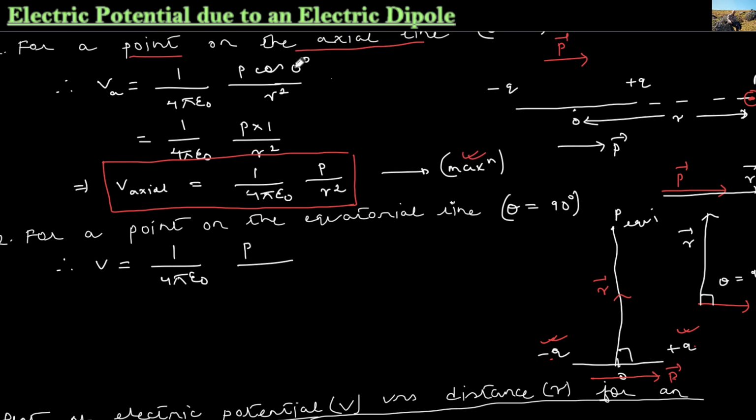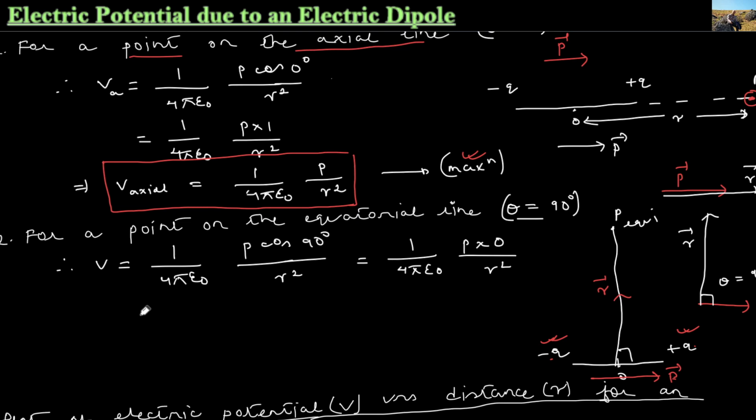For an axial point, theta is 0 degrees, but for the equatorial point, theta is 90 degrees. So when you solve, this expression reduces to 0, since cos of 90 degrees is equal to 0.